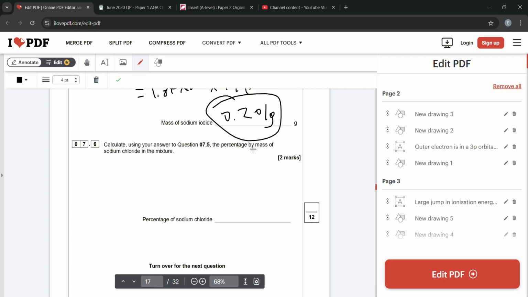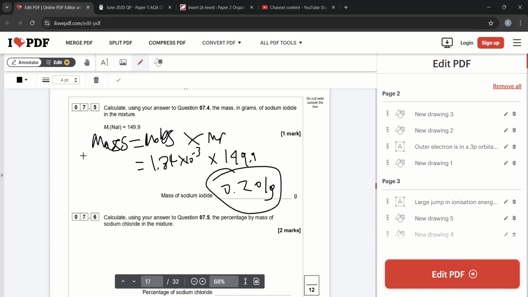Then it says 7.6. Calculate, using the answer to question 7.5, the percentage by mass of sodium chloride in the reaction mixture. Well, 7.5 gave us the mass of sodium iodide, and we want the percentage by mass of sodium chloride.